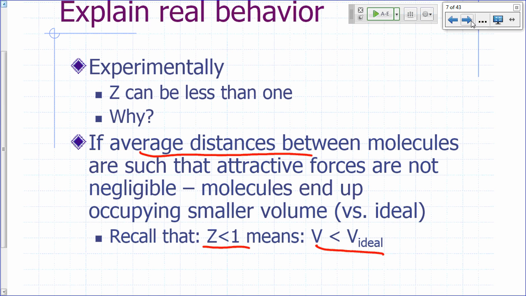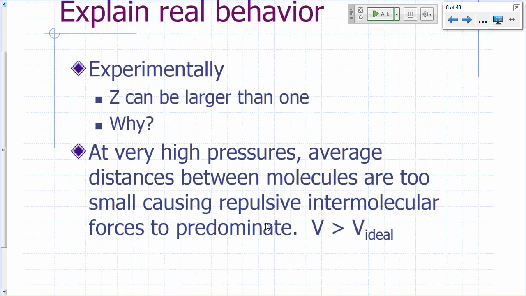Okay? Now how can Z be larger than 1? Well, typically Z becomes larger than 1 when you are at very, very high pressure. So you're trying to squeeze all these molecules closer together. Once your distance at very high pressure, you're trying to squeeze your molecules into a very small volume, they now start to repel each other. It's like saying you're invading my personal space.